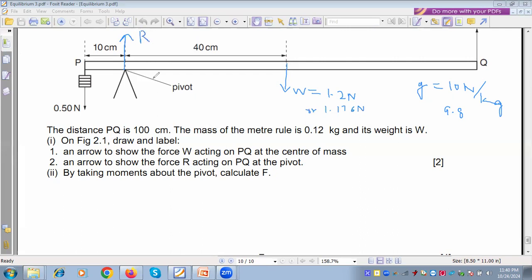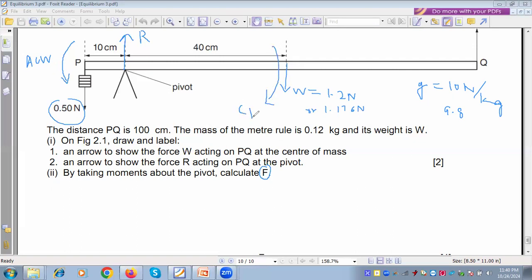This is R. Now we have to calculate the force F. It means we have to check how many forces are causing clockwise moment and how many are causing anti-clockwise moment. So 0.5 Newton, this is the weight which is hanging. This will rotate the rod about the pivot in this direction, and this is anti-clockwise. And W is rotating in this direction.